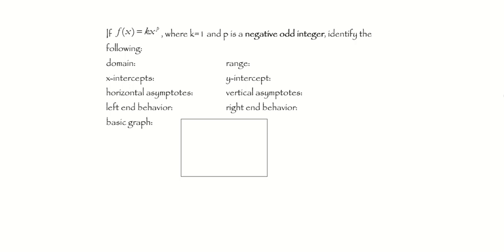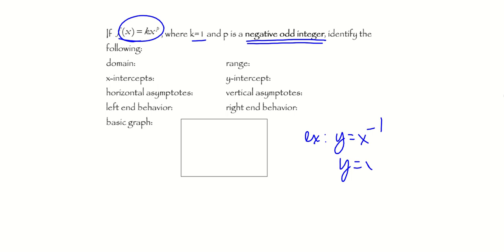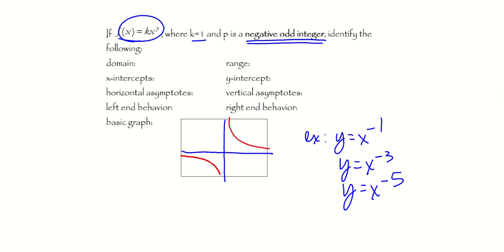We're going to look at functions that are power functions, k times x to the p, where k is 1 and p is a negative odd integer. So examples would be like y equals x to the -1, y equals x to the -3, y equals x to the -5, and so on. Hopefully what you saw when you sketched this is these graphs all take a shape similar to this.